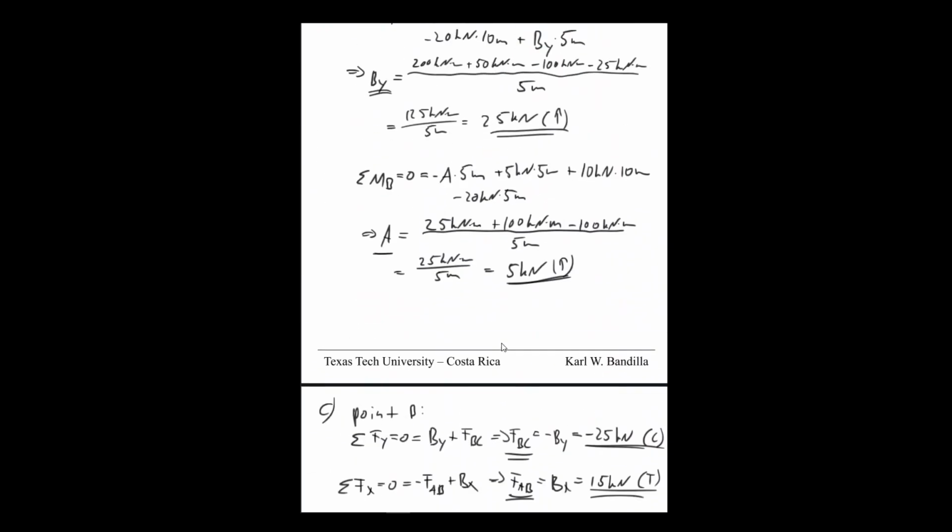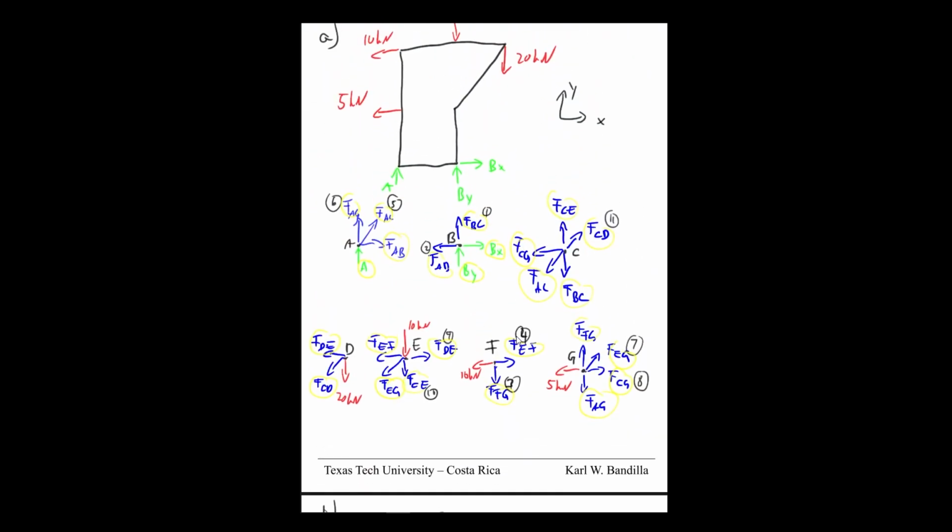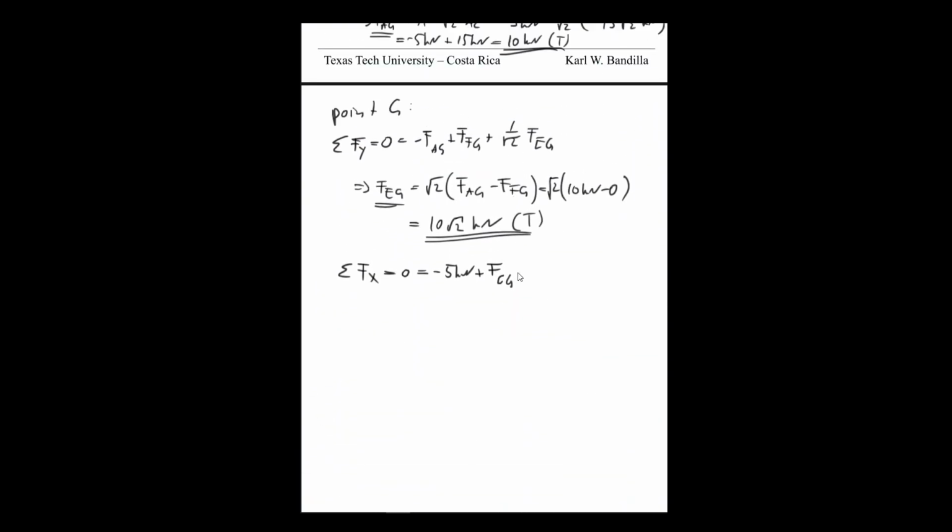Minus 5 kilonewton plus FCG, and then we have the one at the angle, which we just calculated. It's positive in the x direction, so plus 1 over the square root of 2 FEG, right? Because it was at an angle.